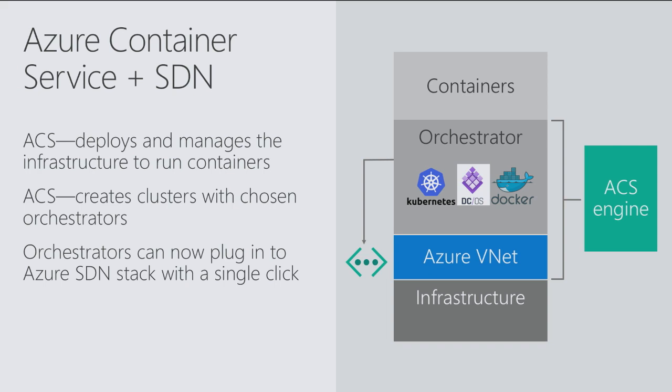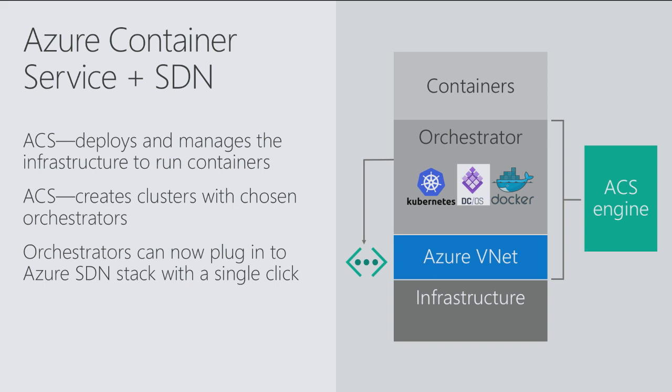You can ask for a master and this many agent nodes, and then set up your orchestration engine on top of these, like Kubernetes, for example. And ACS takes care of all the setup, all the distribution of the files, and everything is good to go. Then you're just left with your familiar ways of running a container using a kubelet and commandlets from Kubernetes itself. So that is what Azure provides you.